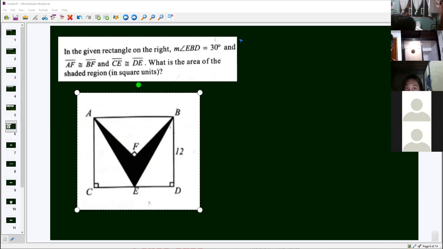Okay, sige. We can answer this na para we can move to the next. Tingnan natin. What's in here? We know this is 12. EBD is 30. So that's 30. We can get this.